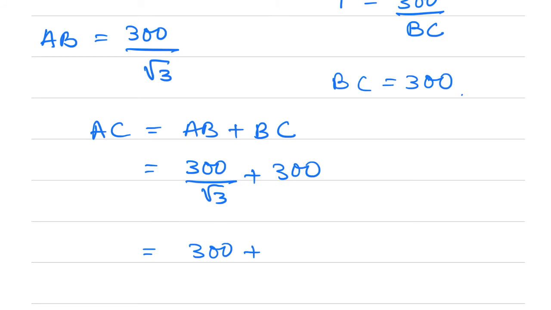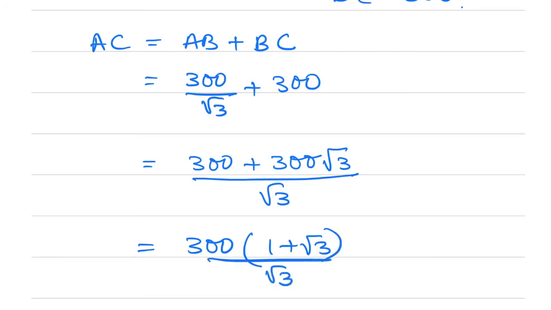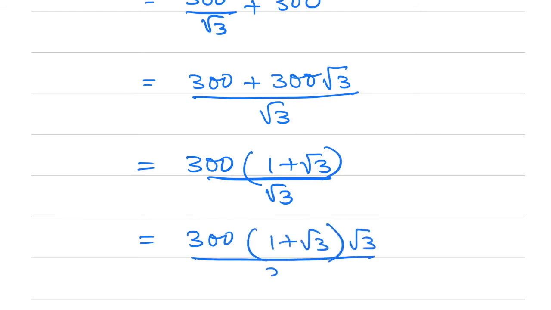So this is equal to 300 by root 3 plus 300. 300 plus 300 root 3 divided by root 3. Now let's take 300 common. We have 1 plus root 3 by root 3. And let's rationalize. So 300 into 1 plus root 3 into root 3 by 3. So 3, this gets 100.